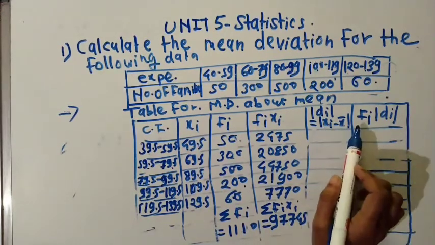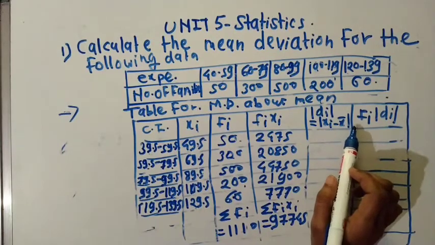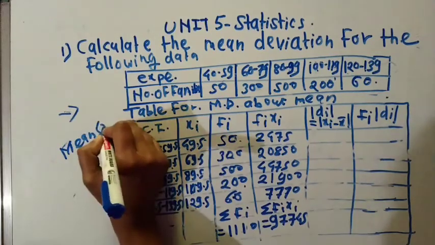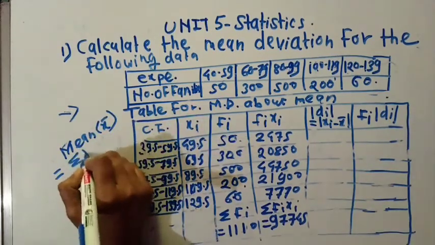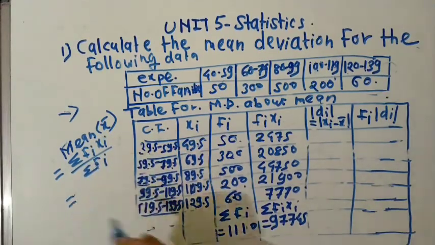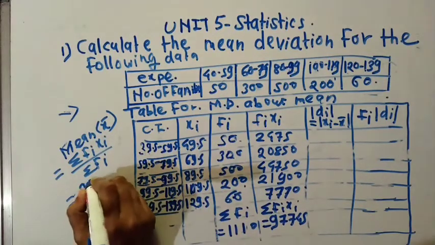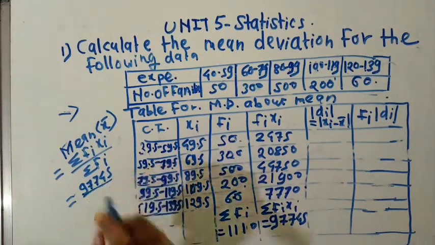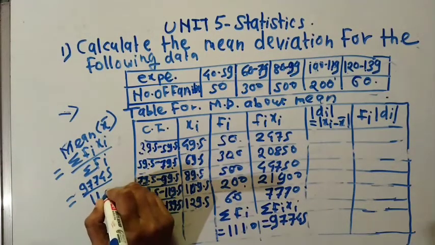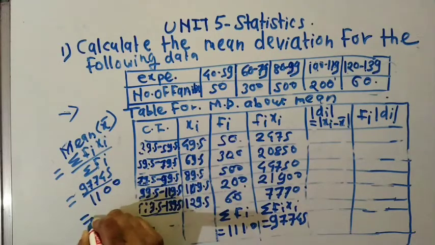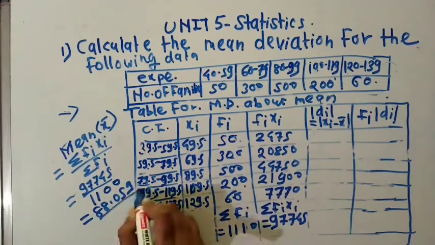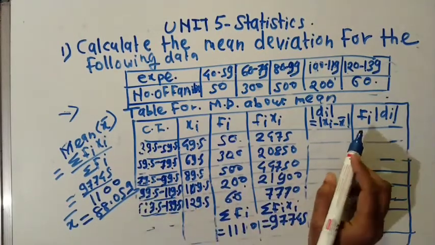Then this x bar is mean. x bar is equal to summation of fi xi upon summation of fi, is equal to 97,745 upon 1,110, and this division is 88.059, hence x bar is this.